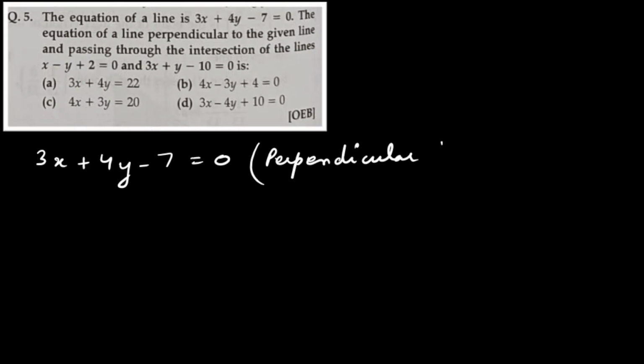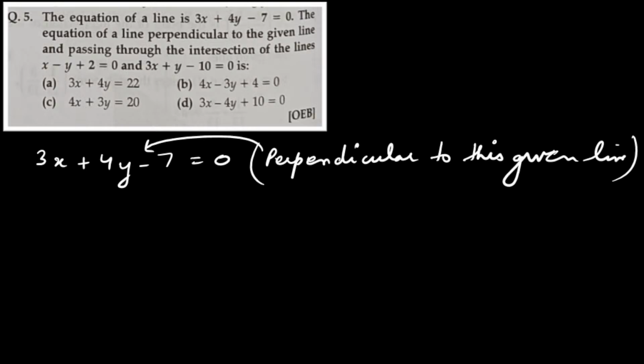So perpendicular to this line, we have to find the equation of that particular line, which is also passing through the intersection of the lines x minus y plus 2 is equal to 0, and 3x plus y minus 10 is equal to 0.